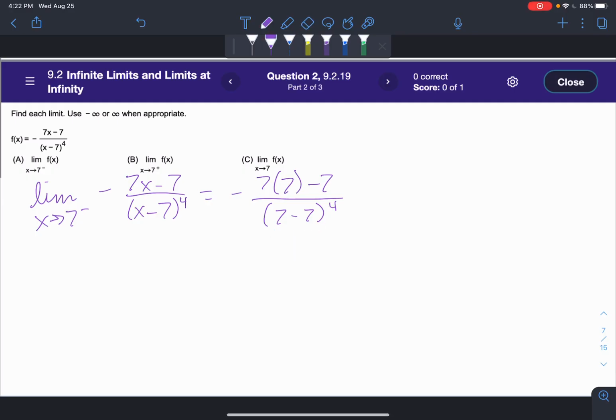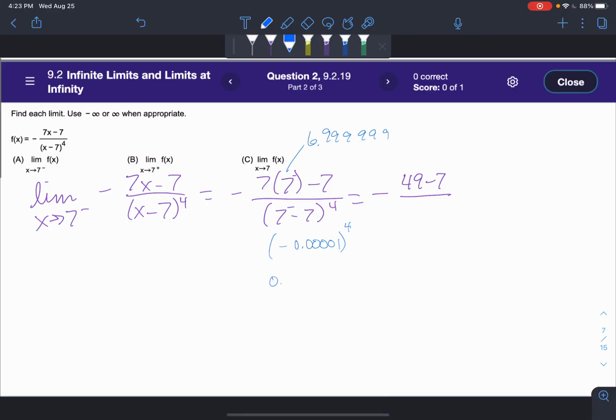But again, if I think about plugging in a number that's close to 7, so maybe 6.99999, then the top will be a number close to 49 minus 7, and my bottom will be negative 0.00001, and then if we raise it to the 4th power, it gets even smaller and positive.